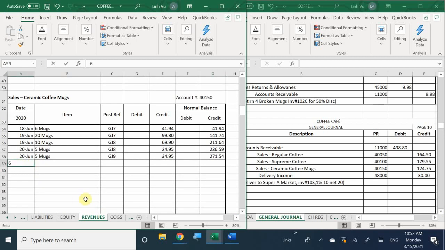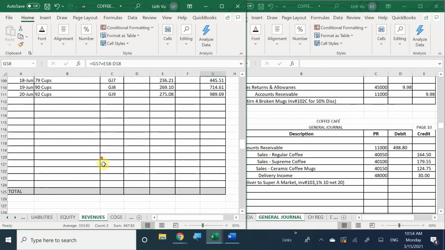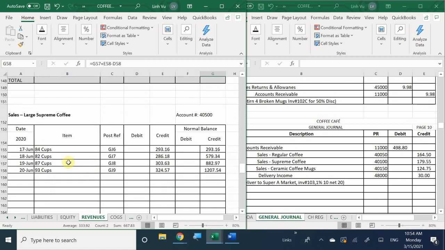How many coffee mugs did we sell? 25 mugs. General journal number 10, for a total of 124.75, bringing my account balance to 396.29.